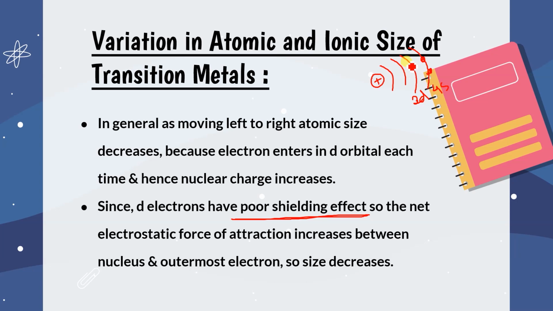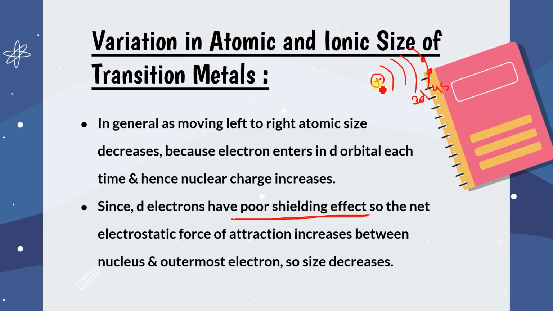That means it cannot shield the nuclear effect on the outermost shell. It cannot stop it, and that's why the outermost electron will feel more contracted towards the nucleus, and hence the atomic size decreases. I hope it is clear.